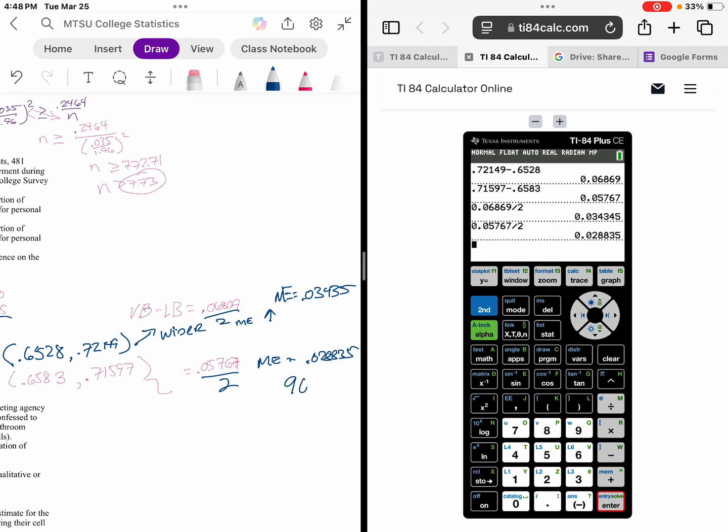So this was the 90% confidence interval margin of error. By going to 95%, we made it bigger. If you go from a bigger confidence level to a smaller one, then your margin of error gets smaller because the total interval gets smaller.